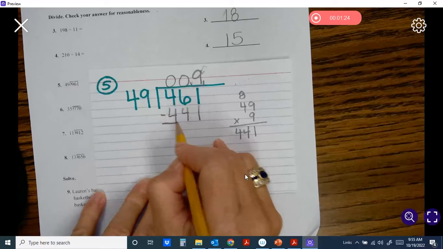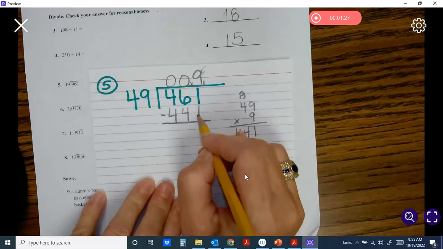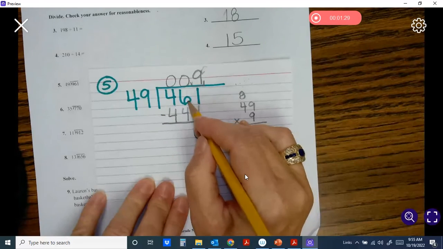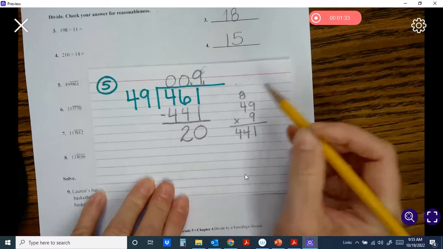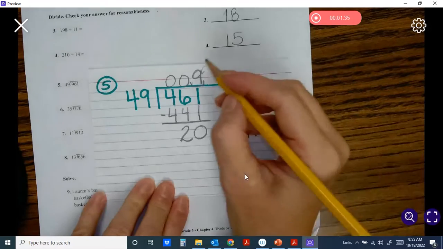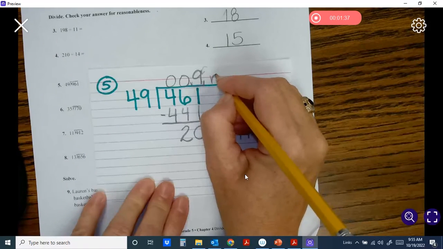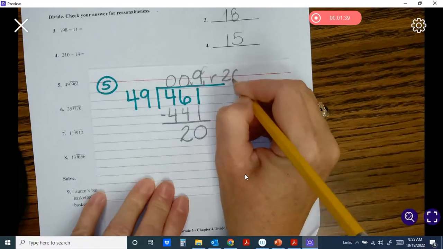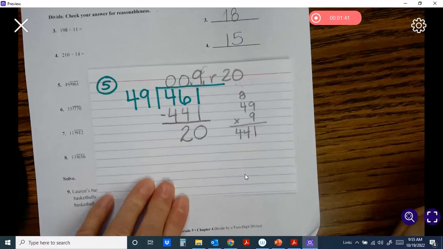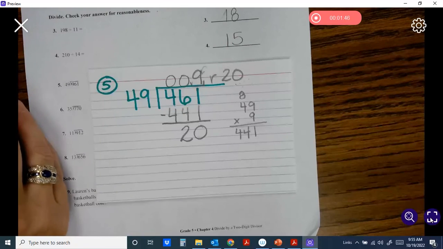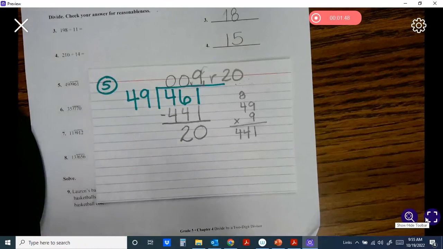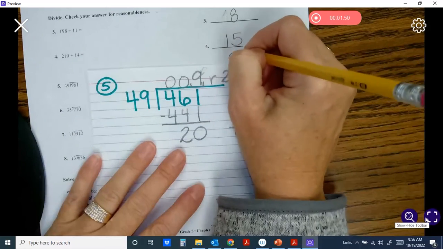I subtract. 1 take away 1 equals 0. 6 take away 4 equals 2. So I have 9 remainder 20. So I'm going to write 9 remainder 20.